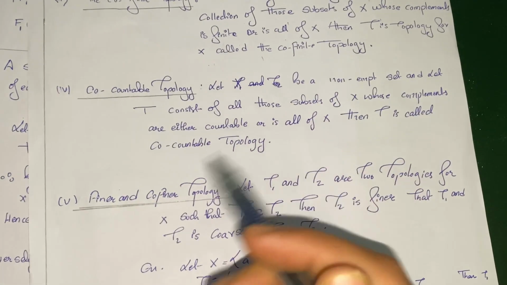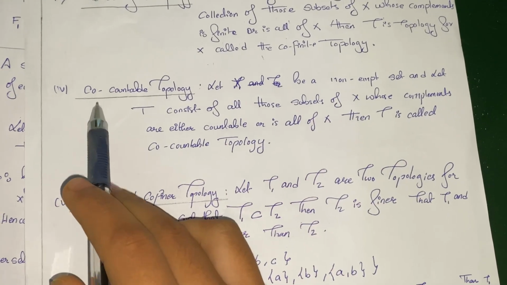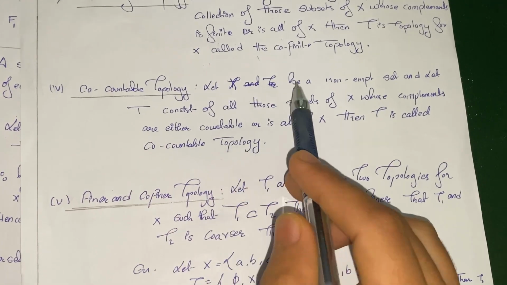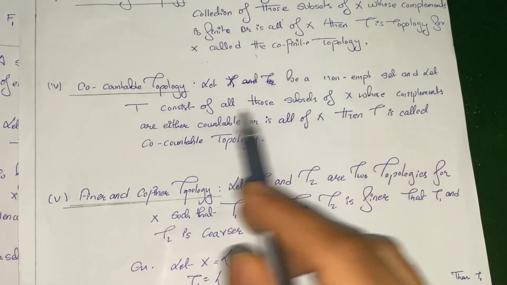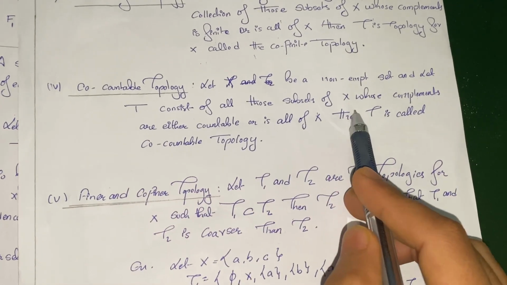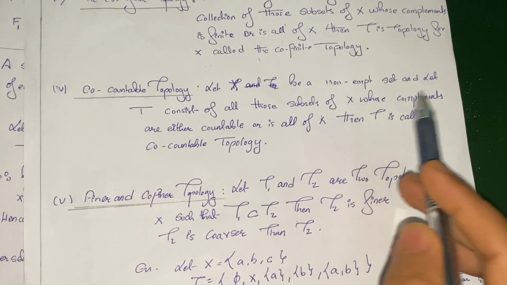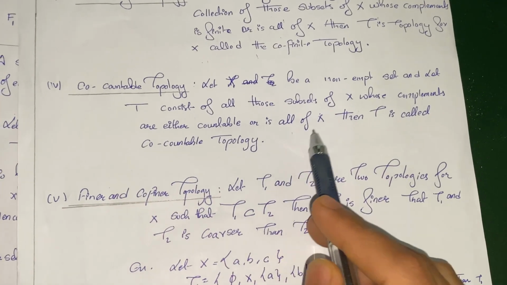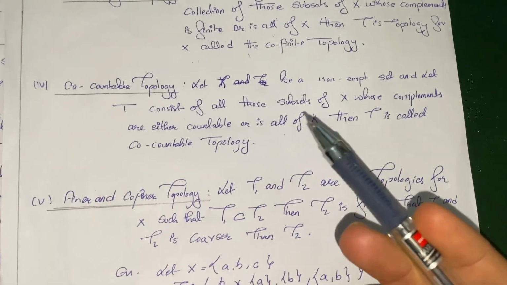And the next one is not that important, but you can say the co-countable topology. Let X be a non-empty set and let T consist of all the subsets of X whose complements are either countable or is all of X. Then T is called the co-countable topology.